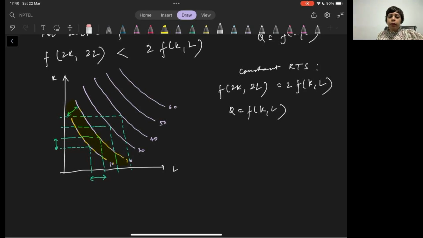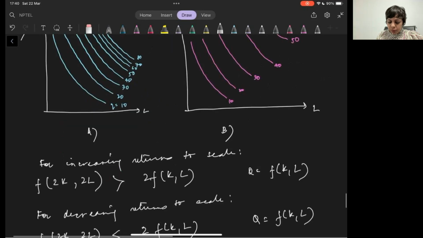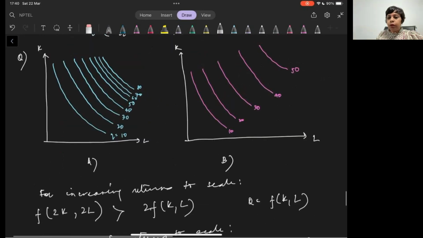Now, if the inputs are increasing a lot, but output is not increasing that much, then what is going to happen? The isoquants are going to move closer together or further apart. Because if output is increasing less than the increase in inputs, let me draw the diagrams here.